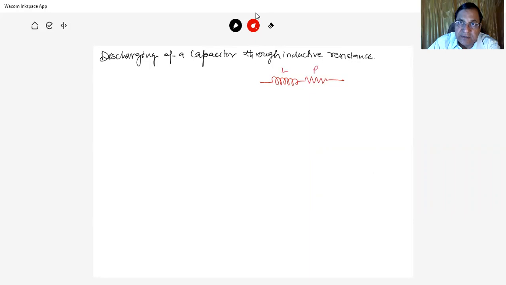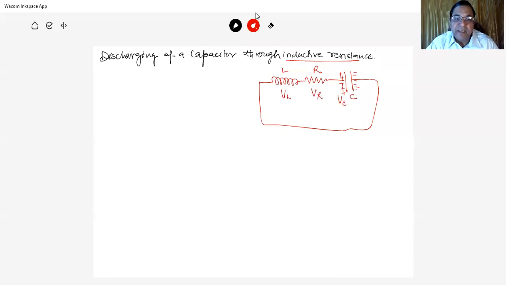This is L and this is R. It is inductive resistance of a capacitor. This is C. And this capacitor is fully charged. The circuit is closed, something like this. So across voltages are VL, VR and VC. Current is flowing through this. This is your I(t), current flow.